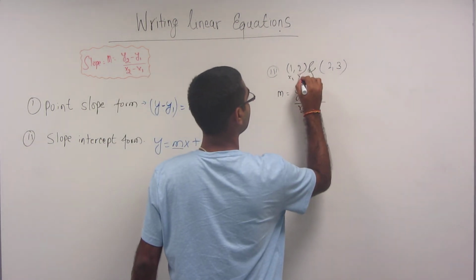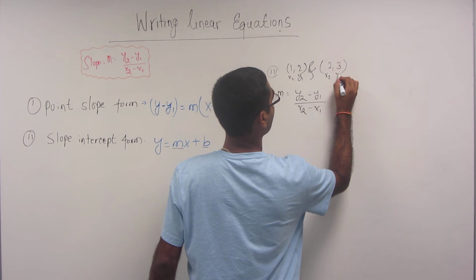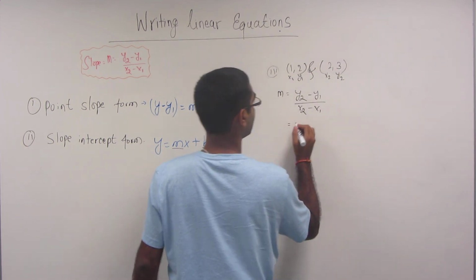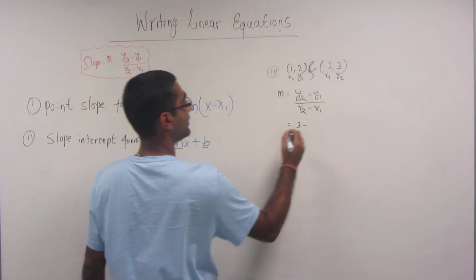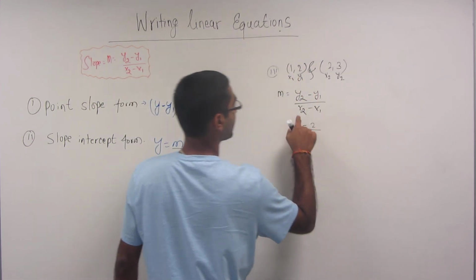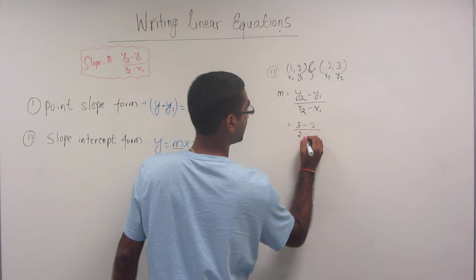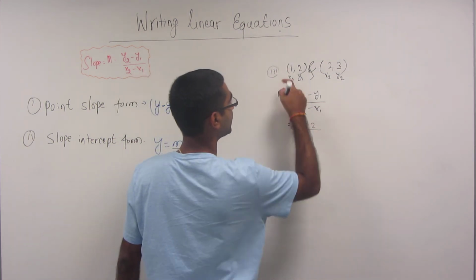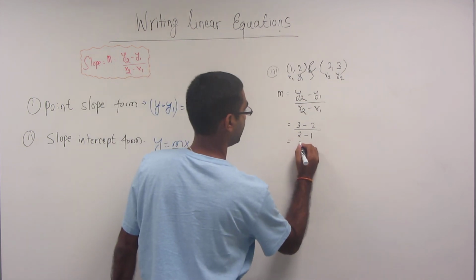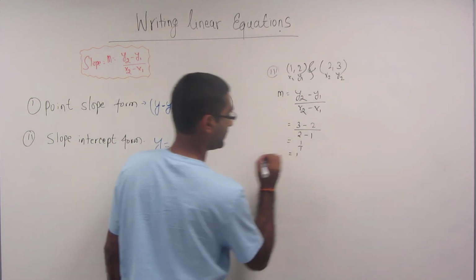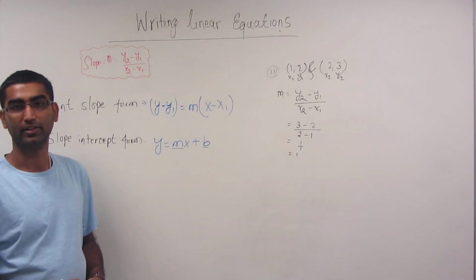Now, x1, y1, x2, y2. Now y2 would be 3 minus y1 is 2, x2 is 2, and x1, sorry, is 1. This gives me 1 over 1, so the slope is 1.